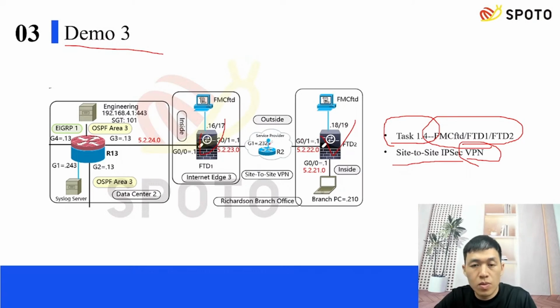And they just changed some requirements for this task, and the rest of the configuration is almost the same as the one in the last version. This is an independent task as well.